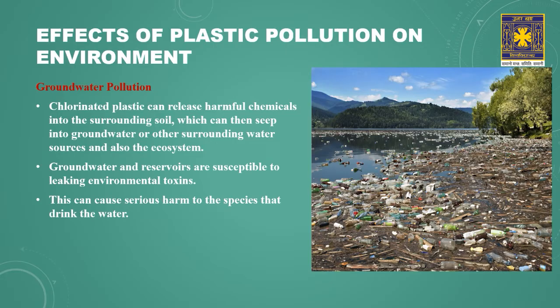If you see the effect of plastic pollution on the environment, we can see plastic affects all the ecosystems. First of all, groundwater pollution is a major result of plastic waste.